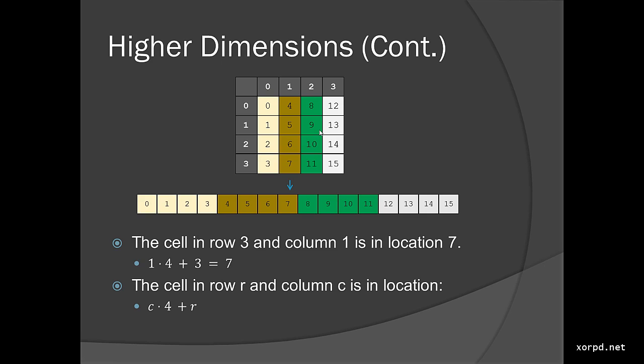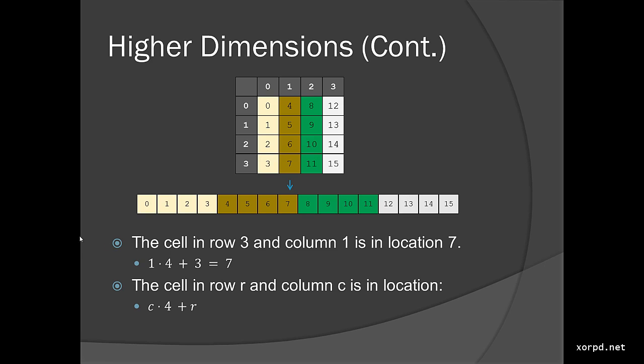Let's look at an example for the cell in row 3 and column 1. This is row 3 and column 1 is here. So we are talking about 7. It means that this cell is represented by cell number 7 here. So we have some kind of rules that allows us to understand which byte corresponds where.